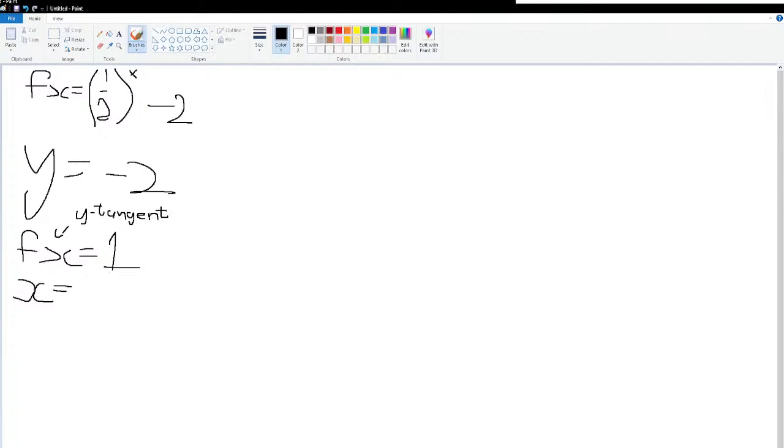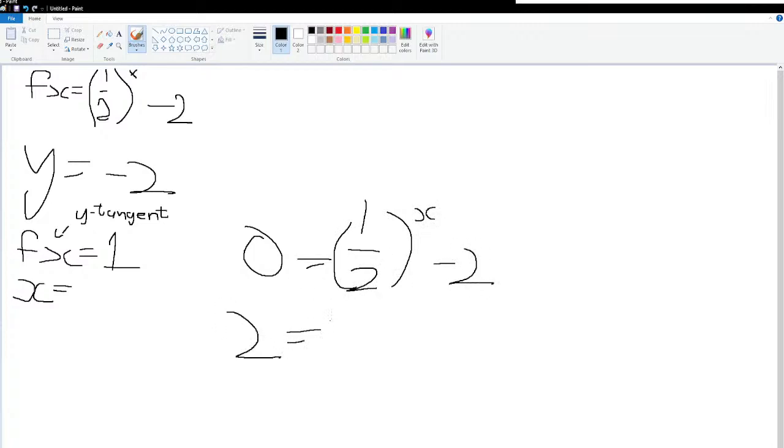Then the x intercept is going to be 0 equals 1 over 2 to the power of x minus 2. So we bring this over, so 2 is equal to 1 over 2 to the power of x.